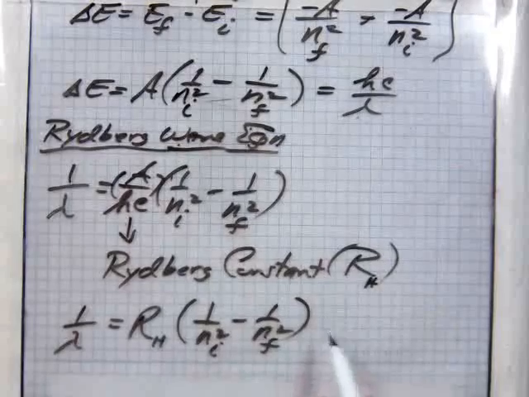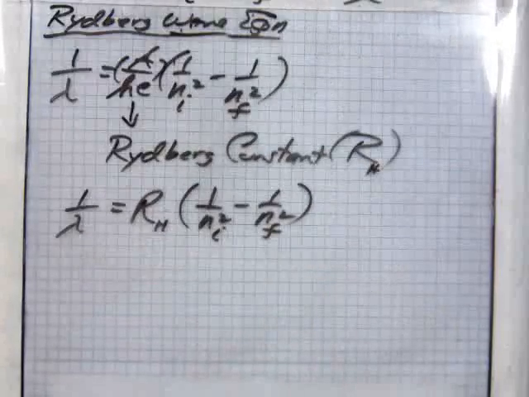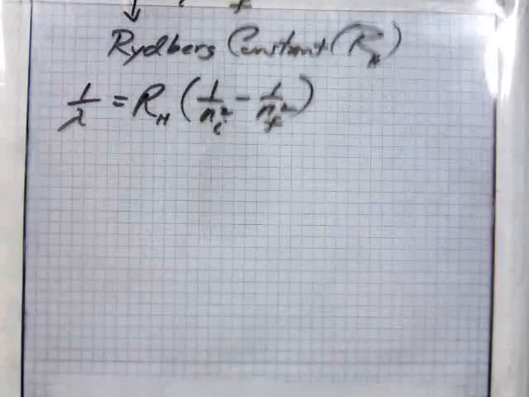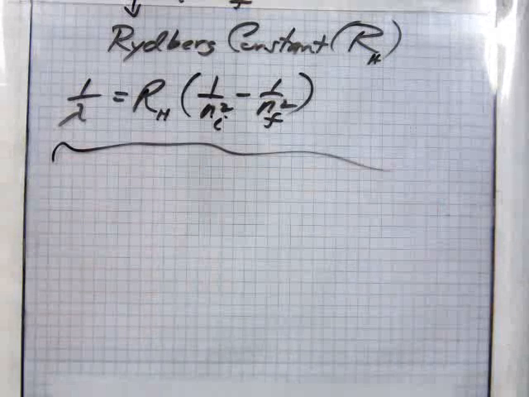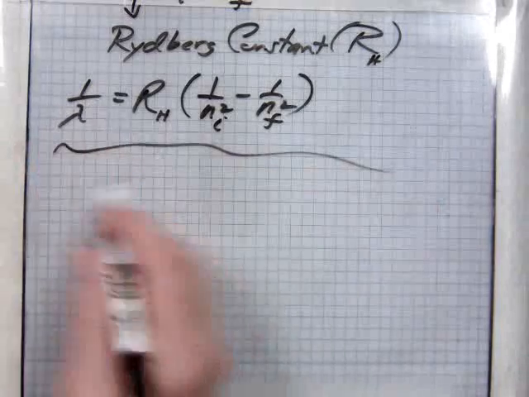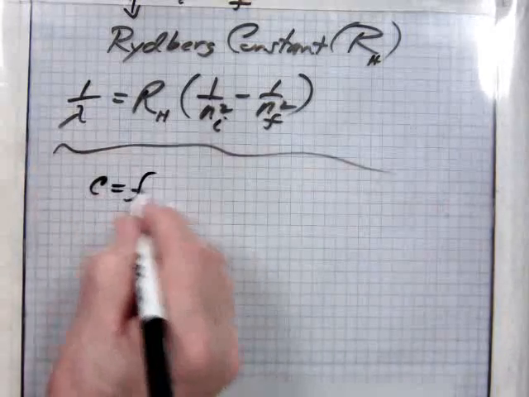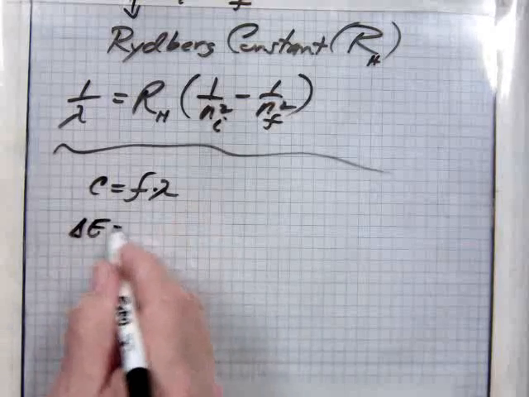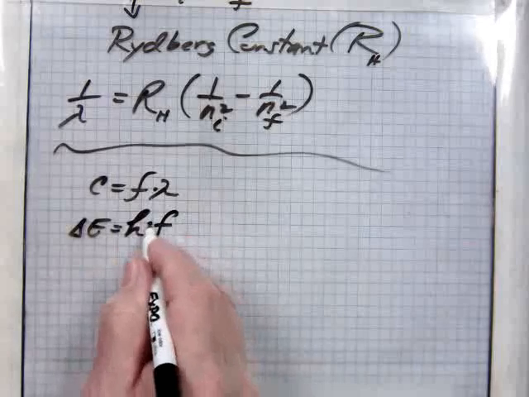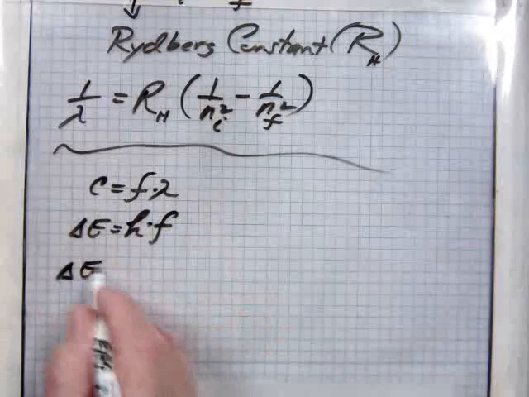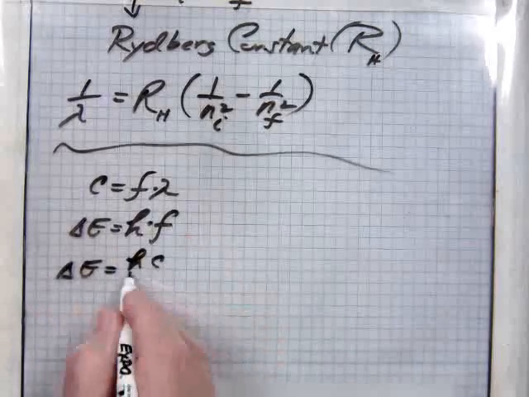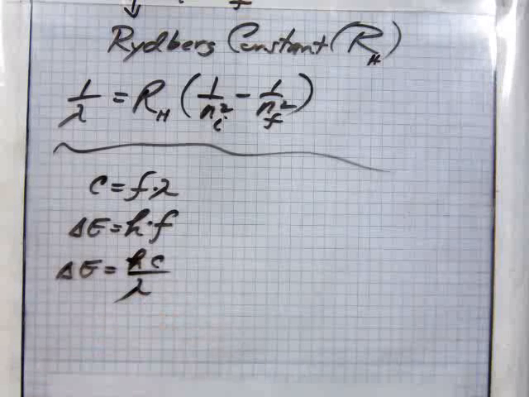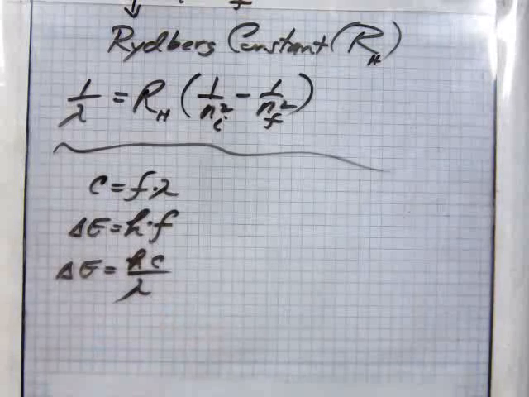Now, let me summarize all the equations that you will need, and you will have problems on each one of these come exam day. So we have c equals f lambda. We have delta E equals hf. Delta E equals hc over lambda, like that. Now these are just classic wave calculation equations.